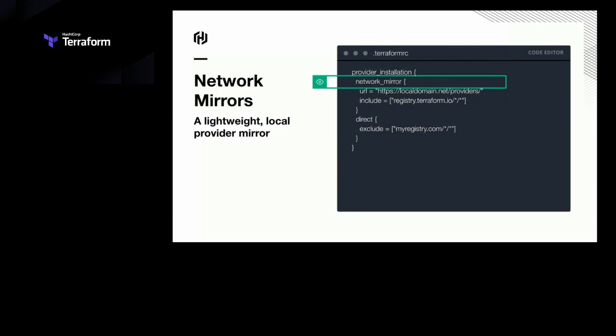One of the things we released as part of the post 0.13 product line were network mirrors. If you've been paying attention to the broader strokes of what we're working on as a larger Terraform team and ecosystem, Terraform 0.13 launched with the HashiCorp Terraform provider registry.